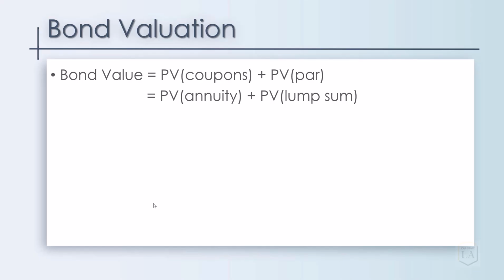So put that all together. If we wanted to use all these ingredients to figure out the bond value, then bond value can be interpreted as the present value of all the cash flows: present value of coupons, and present value of the par value or the face value. So the first term is more like an annuity present value, whereas the second term is more like the present value of a lump sum, or a one-time single future cash flow.